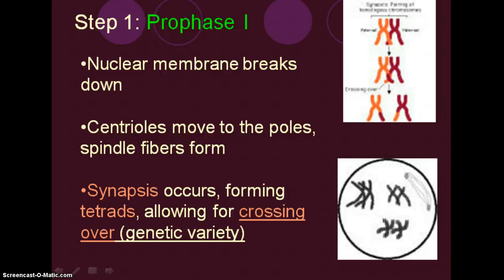And you can see here basically what happens is we have these chromosomes that line up, and when they line up next to each other, their legs cross, and they kind of twist together, and we see that they switch that leg of the chromosome, and that allows for some variation from the parents.